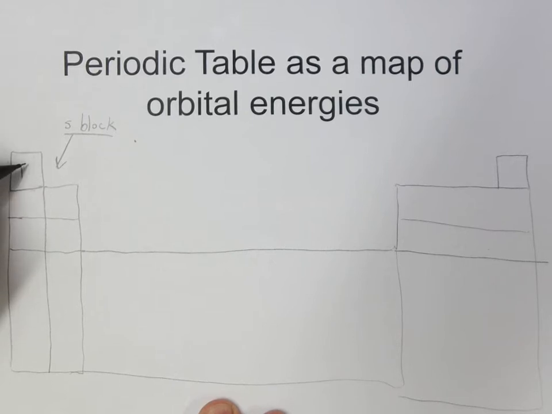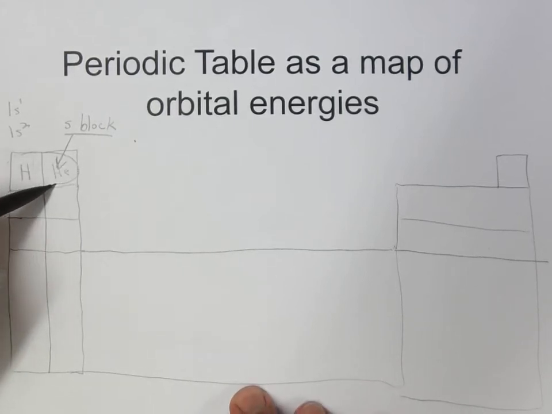So for instance, the simplest atom, hydrogen, has one electron and it sits in the 1s sublevel. If you're following along with that reasoning, then a lot of people will place helium here in the periodic table because its outer electrons are in the S sublevel. So hydrogen is 1s1, helium is 1s2 for 2 electrons in the 1s sublevel.